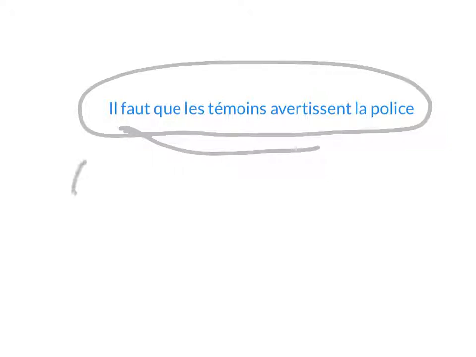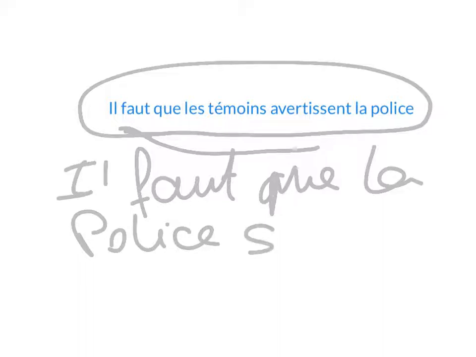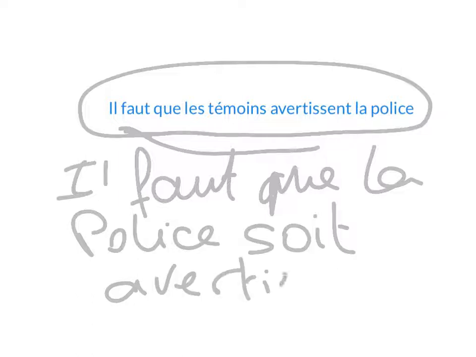So we'll start with il faut que la police, and then être in the subjunctive is soit averti. And again, I make the agreement.